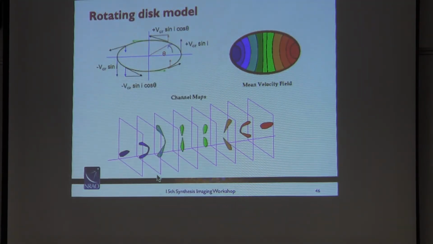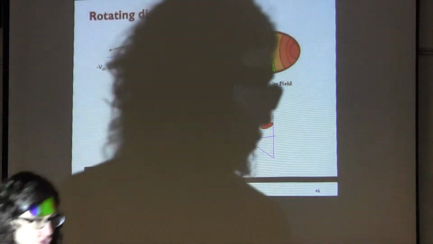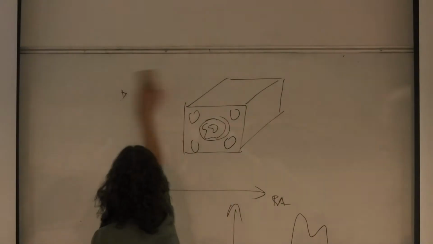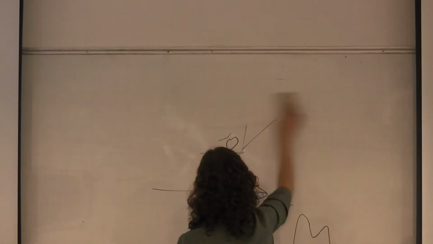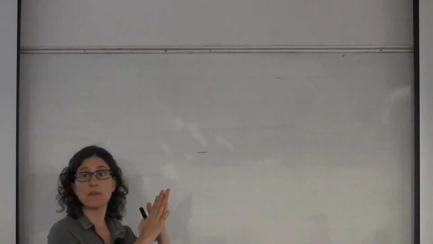And here it's to show you that we can collapse those channel maps to get what we call the moment maps. The zeroth moment is just collapsing all the channels into one single map.